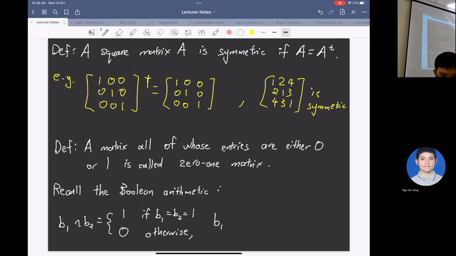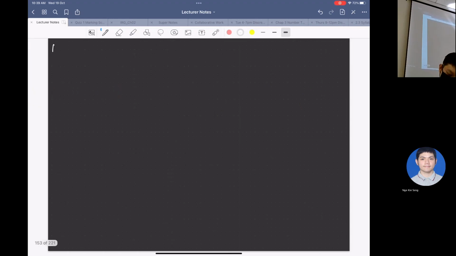B1 or B2 is 1 if B1 is 1 or B2 is 1, and 0 otherwise. Given two 0-1 matrices of the same size, we can define two things. One is the join, one is the meet.